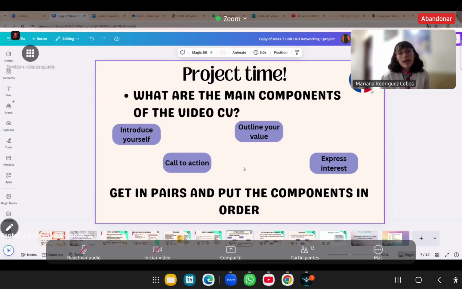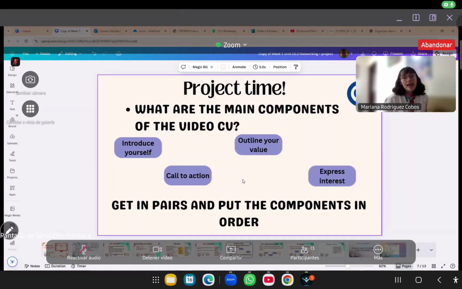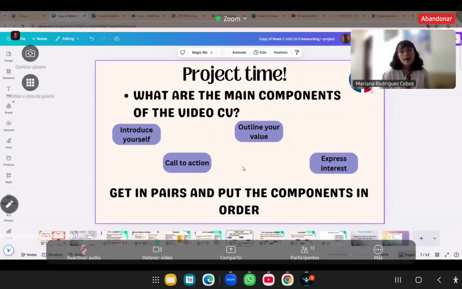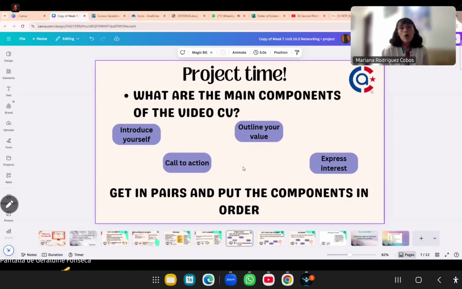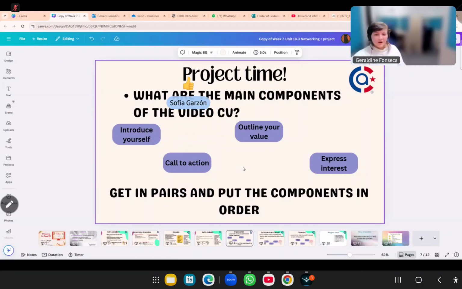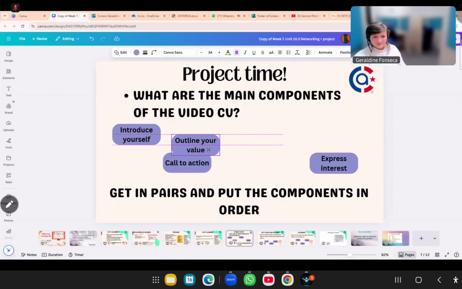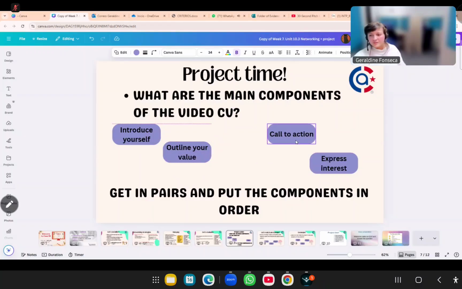Because in this part, we can speak about our skills or the way that we can help the other people or the company that we are applying. Yes, exactly. That would be the second one. Outline your value. You continue like explaining that.